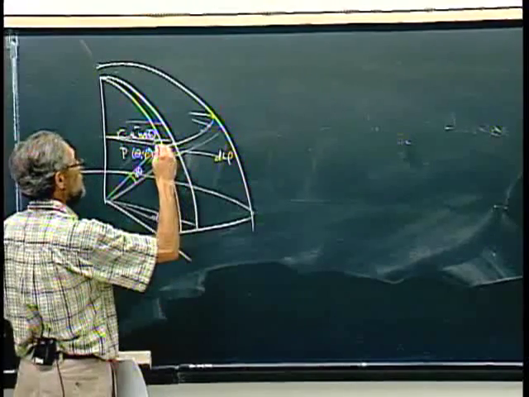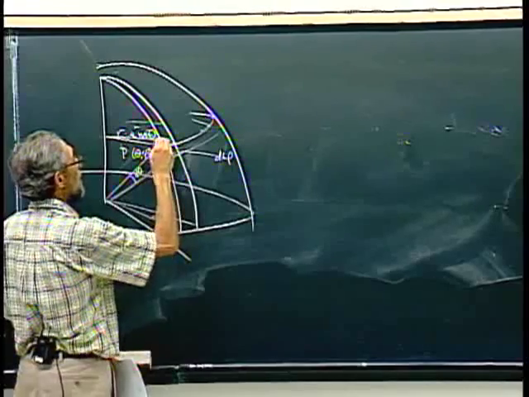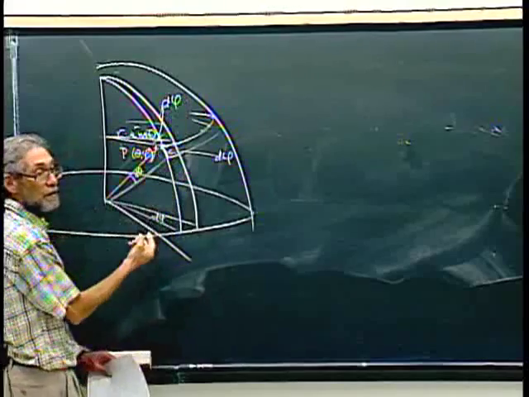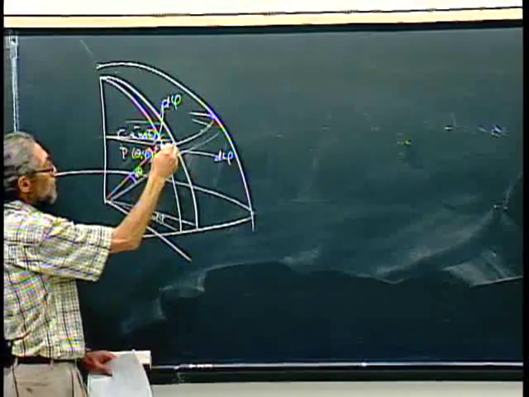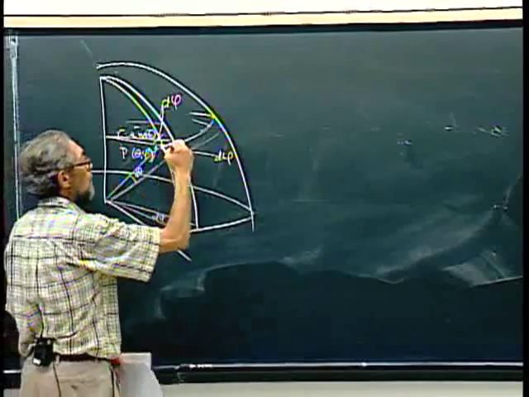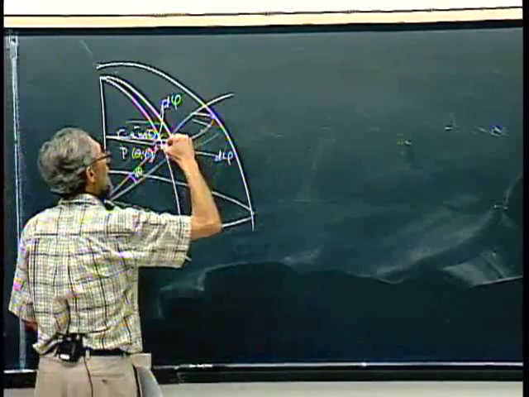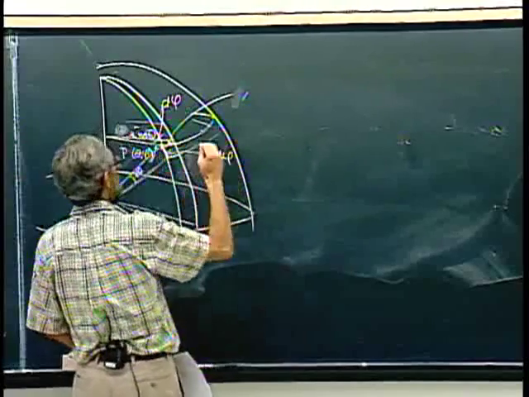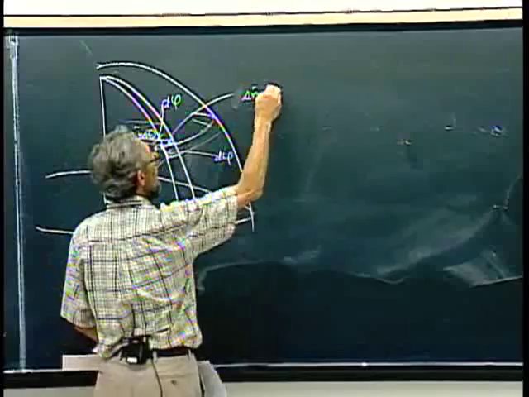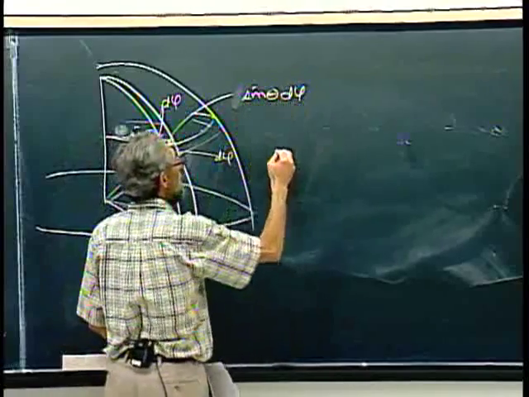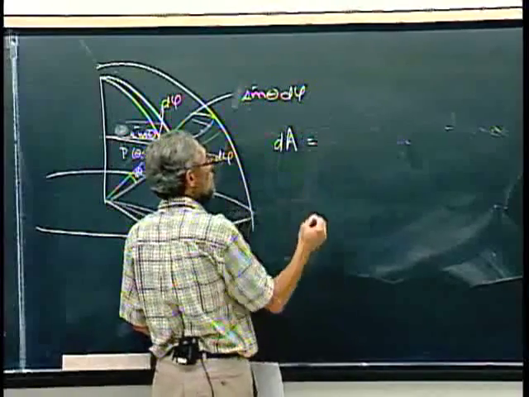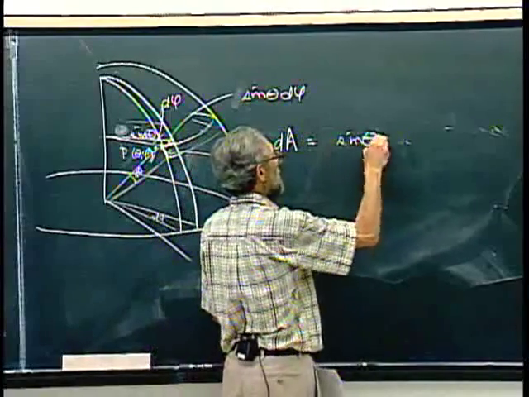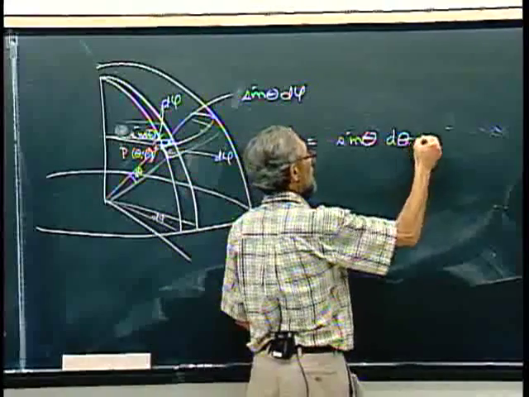There's no room for the letters, so I'll just try and indicate it by arrows pointing from both sides. D phi is this little angle. Then this piece of arc has length r. Well, the length is 1, right, because it was a unit sphere. So it's just sine theta d phi. So the dA on the unit sphere is sine theta d phi.